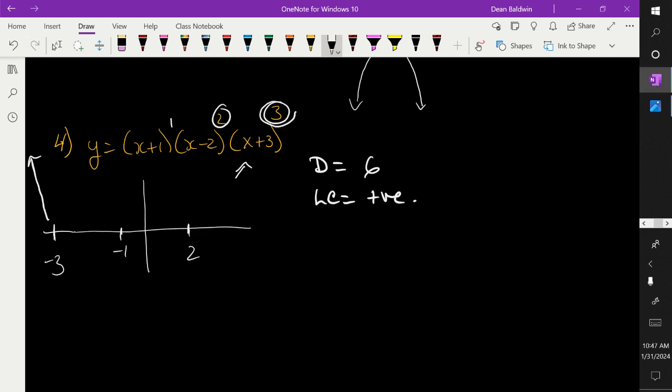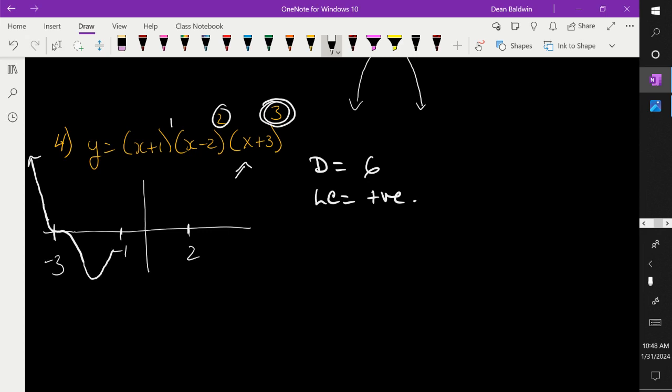What does this multiplicity of 3 do at that point? It's the point of inflection thing. And again, in calculus, we do this, and it spits out answers in a different way, so it allows us to answer more specific questions. But it does that. It's a point of inflection. Turns around.